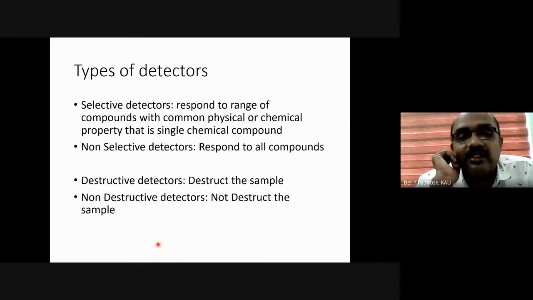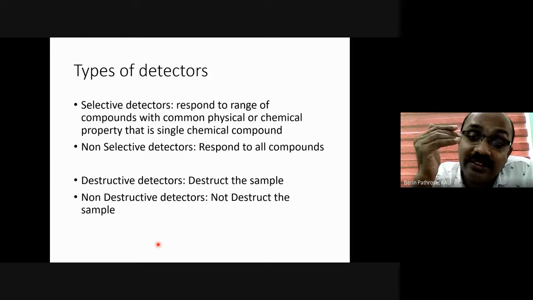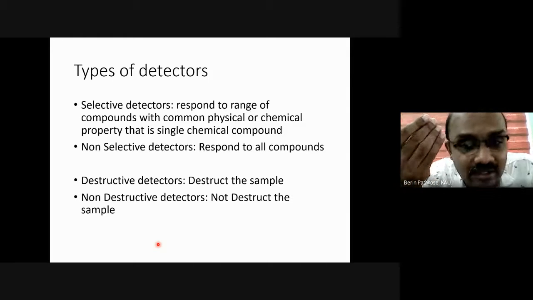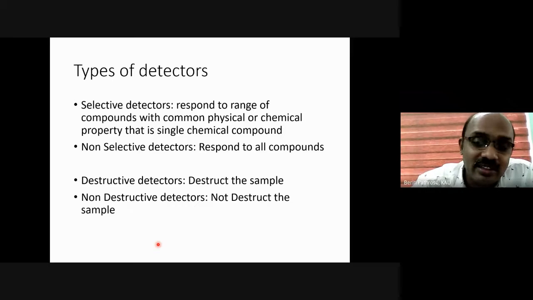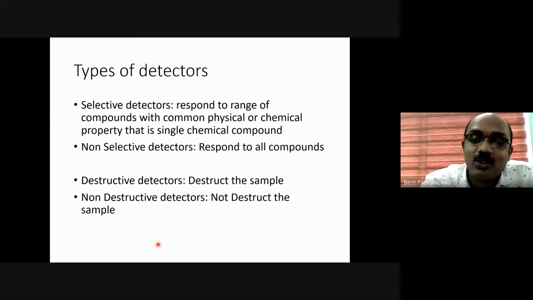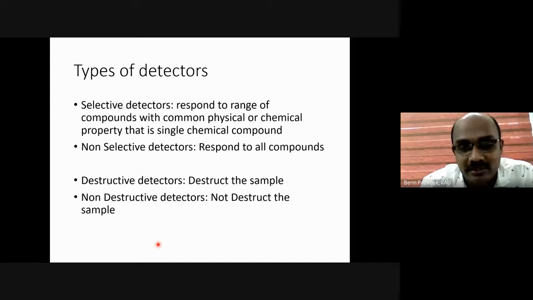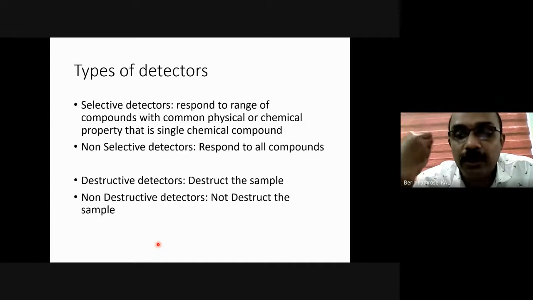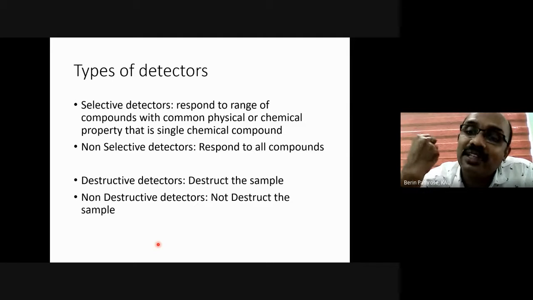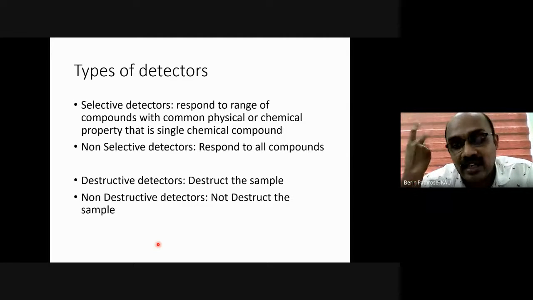Then there is another classification of detectors, that is destructive and non-destructive detectors. Destructive detector means during the detection process, the separated compounds will get destroyed. I told you about the flame ionization detector. That means the compound will be burned, that is destroying the sample.